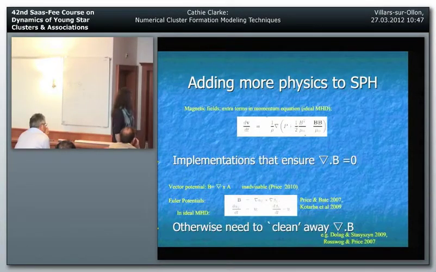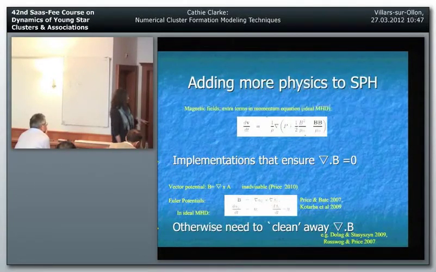So you can find out why. Another way that automatically conserves the divergence-free nature of B is to write it in so-called Euler potentials. So it's writing the magnetic field, which is a vector, as the cross product of two gradients of two different quantities.